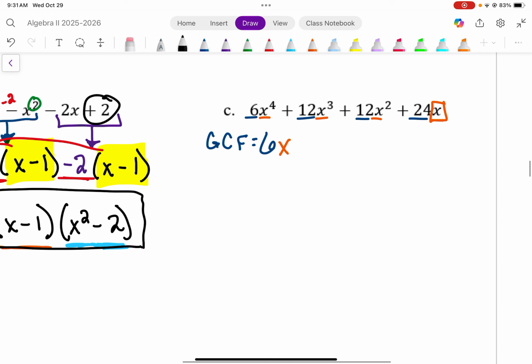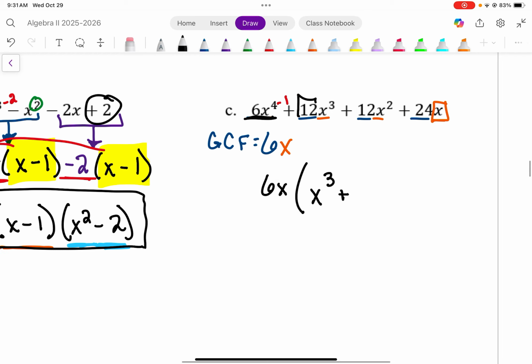So when I factor out a 6x, make sure you do write it in the front. I am going to have, so over here, I took out one of these x's that we are multiplying. That's going to leave me with an x cubed. And then I factored out a 6 from the 12. That would leave me with a 2. And I factored out one of these x's that are being multiplied together. That will leave me with an x squared.